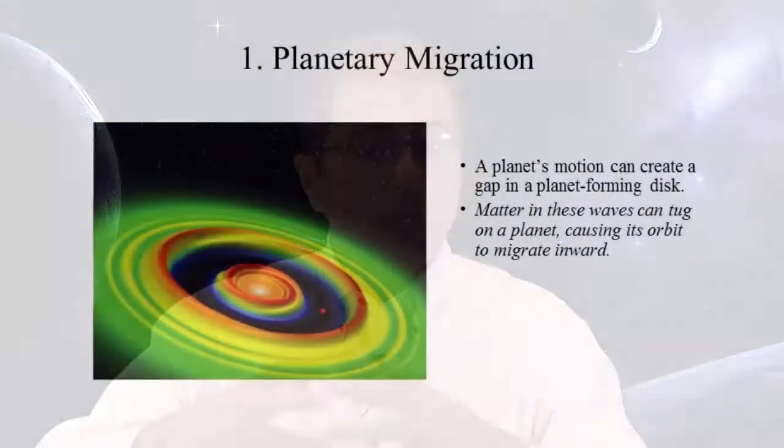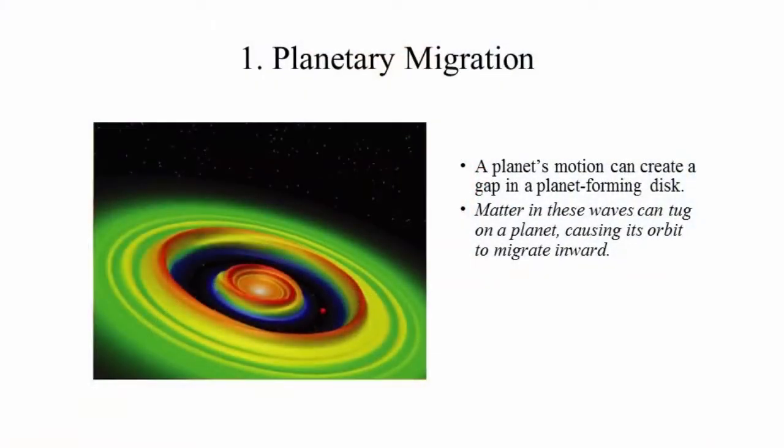So you can see where we're going here. Imagine now a large gaseous planet forming, clearing out a gap, and yet the remaining part of the disk forces it to move inward closer to its star. So really, a very profound insight into how solar systems can change.